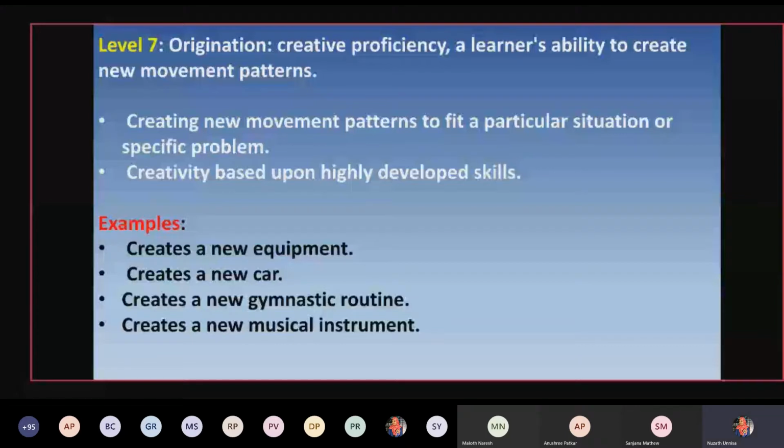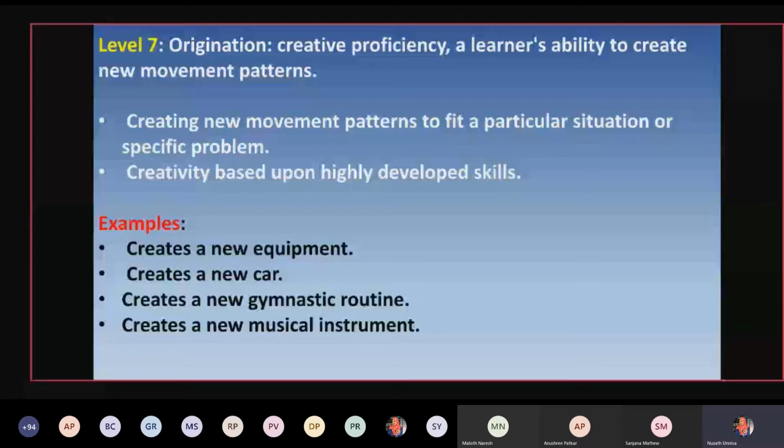At this level, a learner's ability is to create new movement patterns to fit a particular situation or a specific problem. The learner has developed very high skills to create new things at this level. This is the highest level of the psychomotor domain.